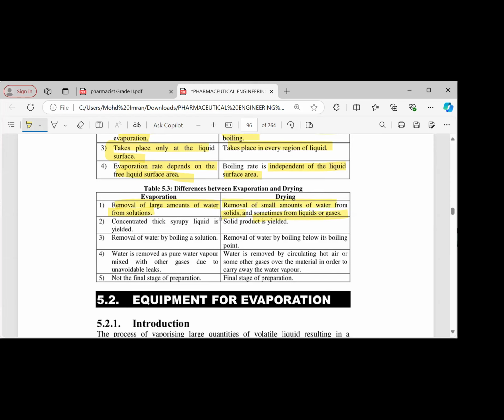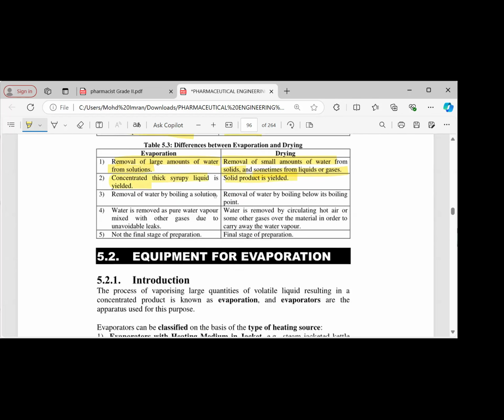Generally, when something is liquid, to remove a small amount of water, that is, to remove the complete water from a solid, we use drying. Then in evaporation, a concentrated thick syrup liquid is formed and a concentrated product is obtained, whereas in drying, a solid product is obtained. Evaporation is the removal of water by boiling the solution. Drying is the removal of water below its boiling point.